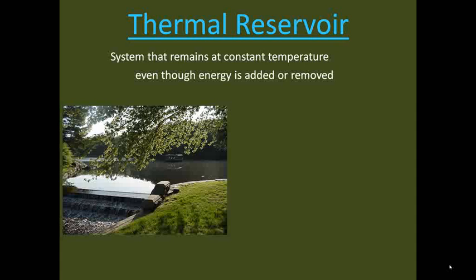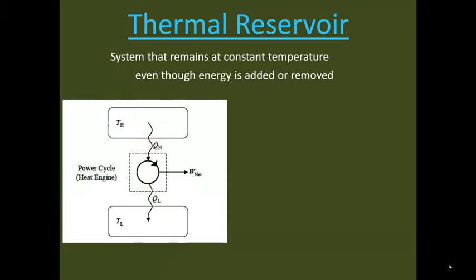Right? So when we look at thermal reservoirs, we'll look at a power cycle as an example. The temperature that's higher we'll call our high temperature reservoir. The temperature that's lower, our low temperature reservoir. We denote that with a T sub H and a T sub L respectively. The heat transfers don't depend on the direction or how much.